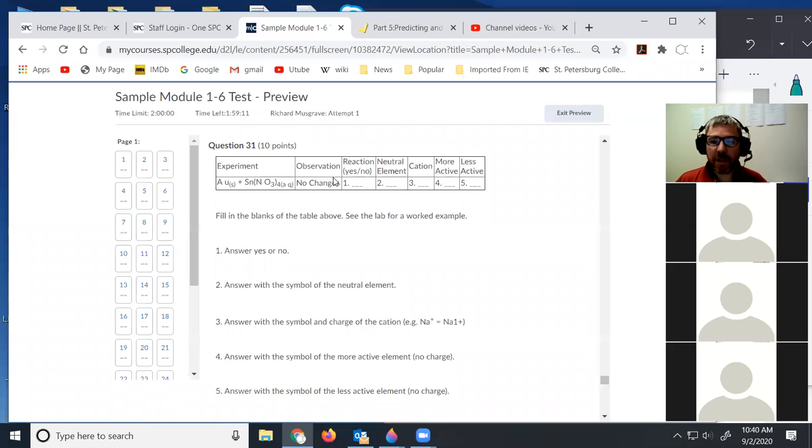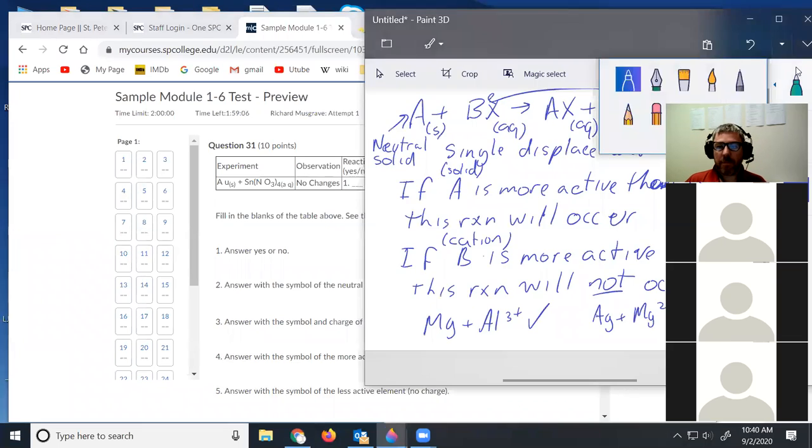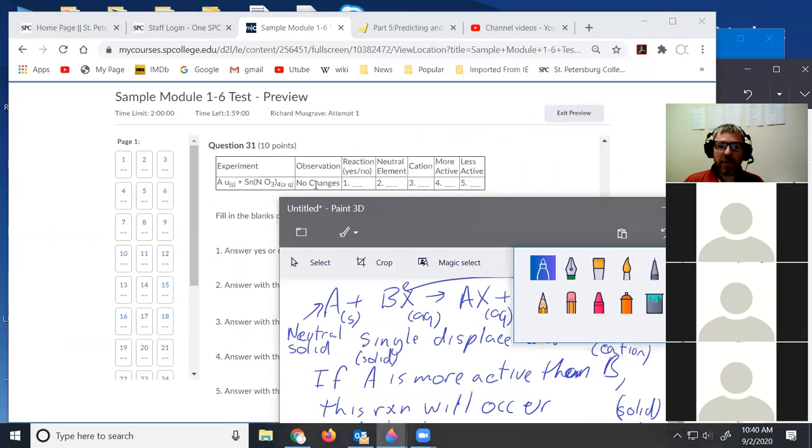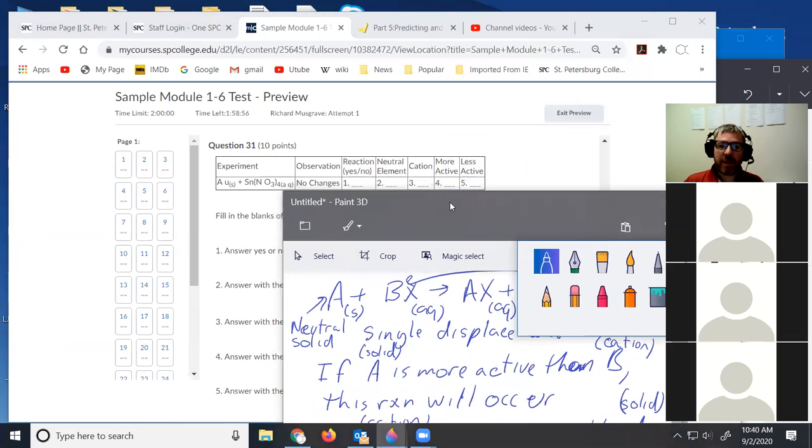The observation is key because the observation tells you whether it reacted or not. If there's no changes, then it means it didn't react. But if it did react, then there'd be something there like bubbling or changing color, or solid changes color or liquid changes color, something like that would indicate a reaction occurred.